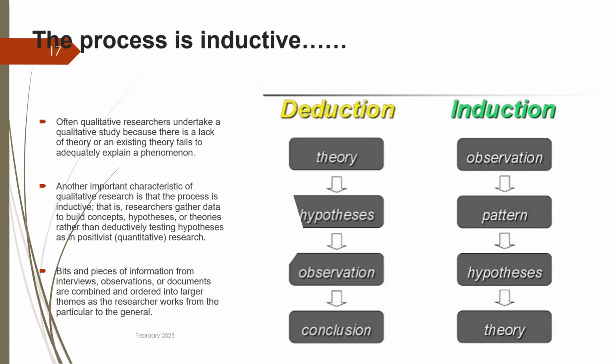So, from the particular to the general, as we said, in qualitative research we start from pieces of data, which are particular, then we go to the general to generate a theory. While in quantitative research, we start from the general, which is the theory, to test this already established theory or hypothesis using the data, not to generate a theory from the data.